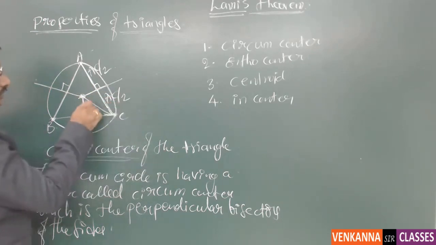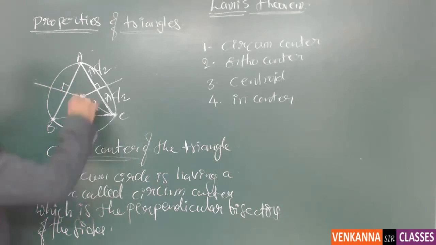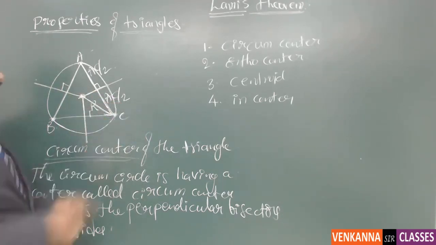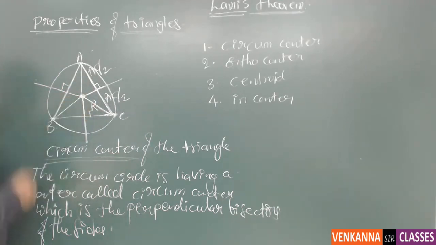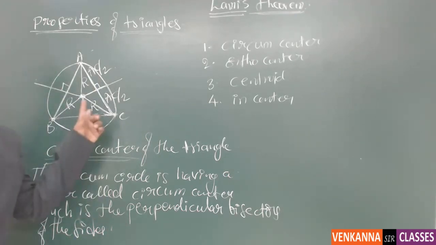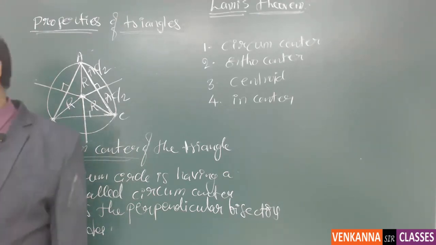This is usually represented with a capital letter R. If you draw a line from the center to the corner, from this center to this corner, or from this center to this corner, all the lengths are the same. This is called the circumradius. Got it? Understood? Do you have any questions on this circumcenter?